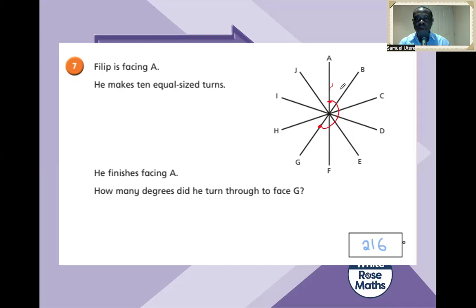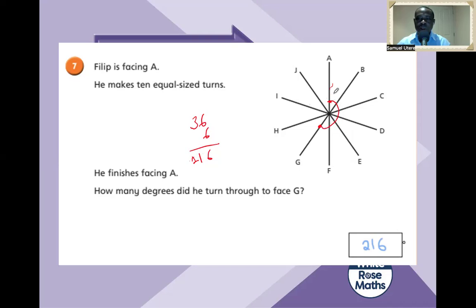Now, if you look, he has made 1, 2, 3, 4, 5, 6. Now, if you work it out, 36 times 6. 6 times 6 is 36. We write 6, we carry 3. 6 times 3 is 18, plus that 3 we carried is 21. So what matters is we do not know the equal size turns he made, but we just need to find out by what angle he has made those turns all together.